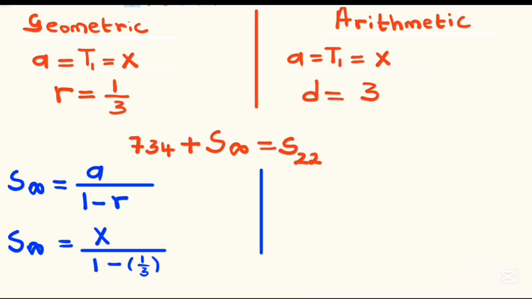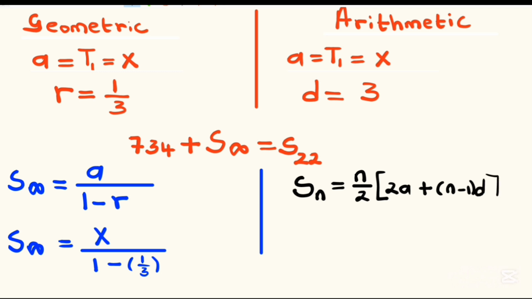Let's now determine the sum to 22 terms of the arithmetic sequence. The sum to n terms is equal to n divided by 2, multiplied by 2a plus n minus 1, all of which is multiplied by d.